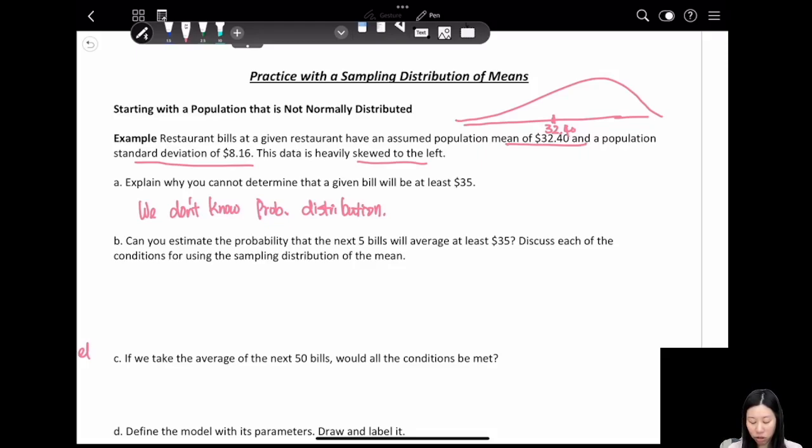Okay, can you estimate the probability that the next 5 bills will average at least 13.5, and discuss each of the conditions for using the sampling distribution of the mean? Because we know that with a sampling distribution, if the sample size is large enough, it's going to follow a normal distribution, by the central limit theorem.